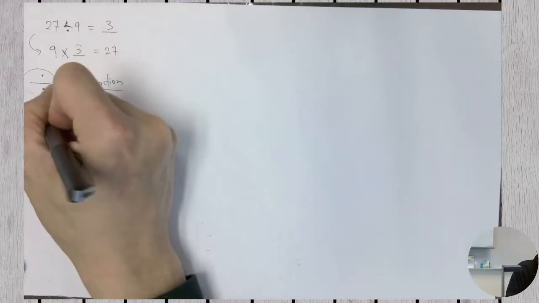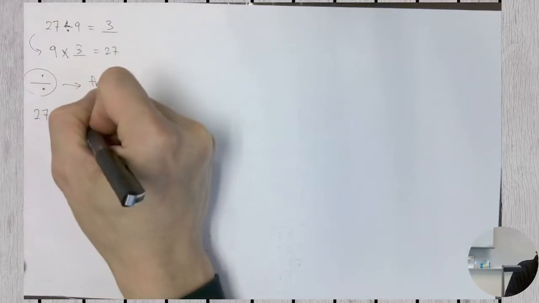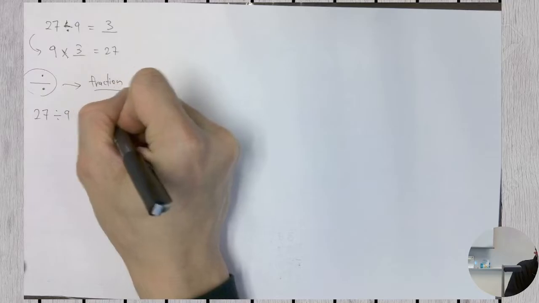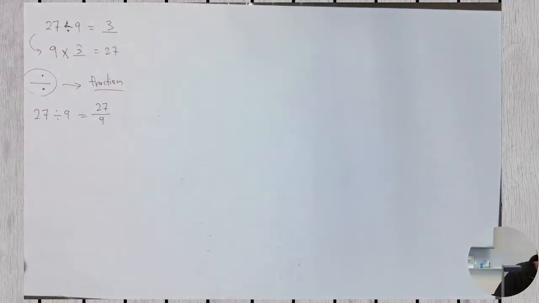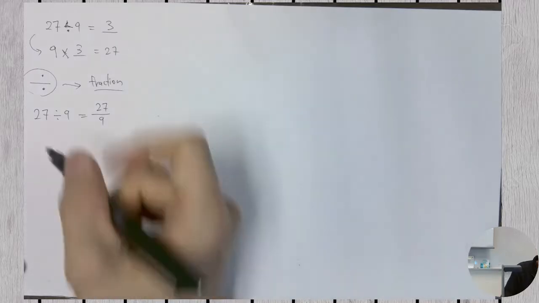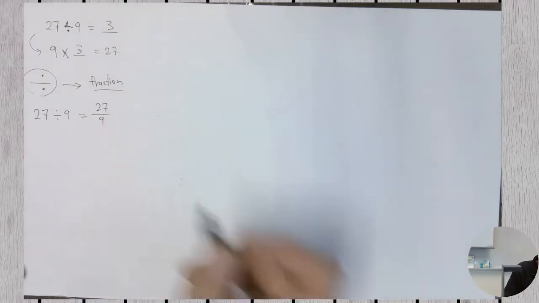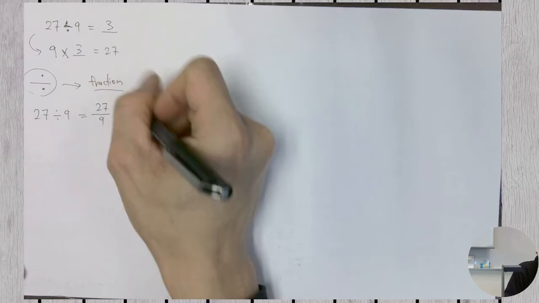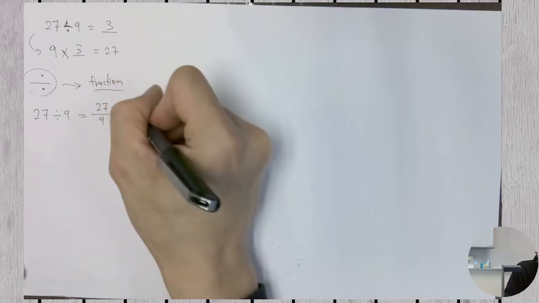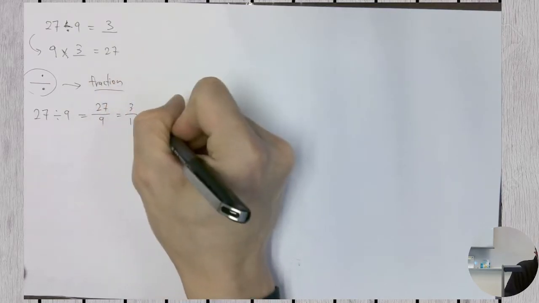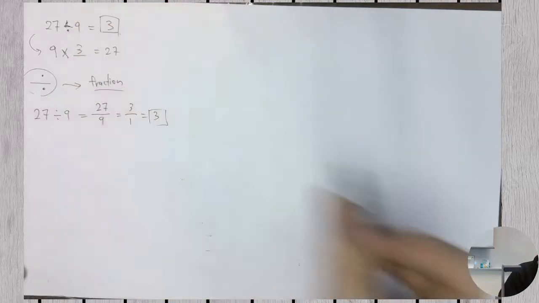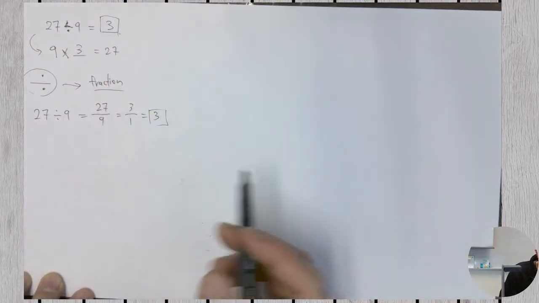So instead of writing 27 divided by 9, I can also say 27 over 9, and these are equivalent. You got to know this. If your math teacher didn't push this concept through, make sure you know it by now. And this will simplify to 3 over 1, and this will be 3. All right? So the answer would be identical.